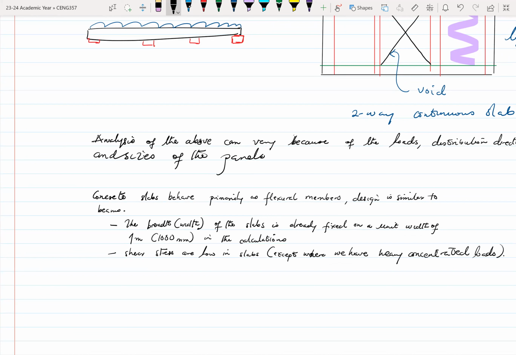All right. And again, also, you realize that compression reinforcement is rarely used or required.